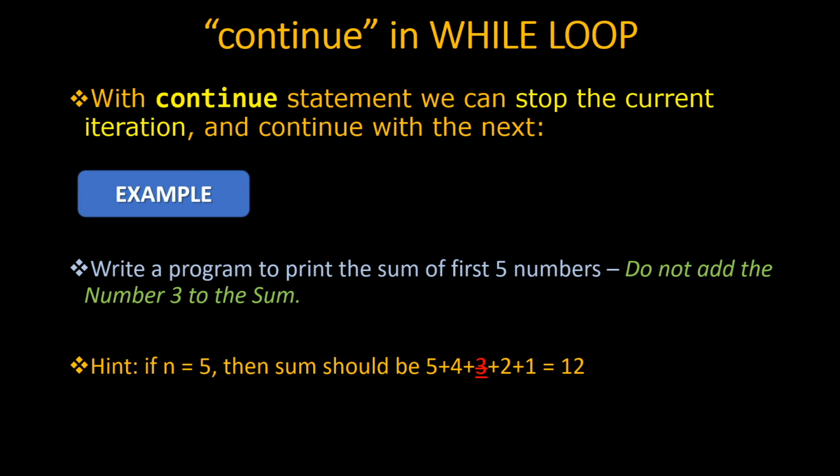which is equal to 12. The syntax is as follows. First we have to capture the number, so I have an input command, and I'm assigning the value of the number to variable n.